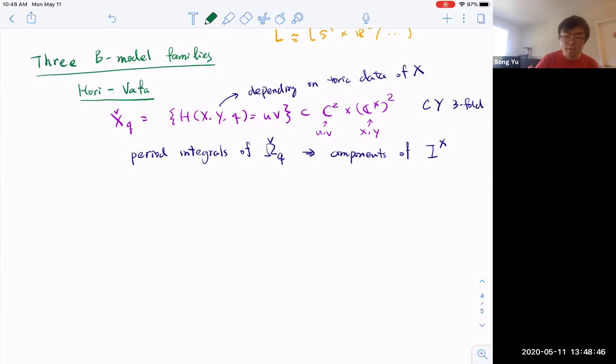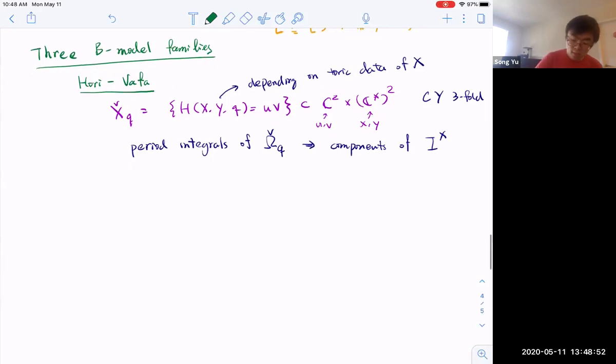You don't need to have a Calabi-Yau 3-fold to start with, but it works for any dimension.